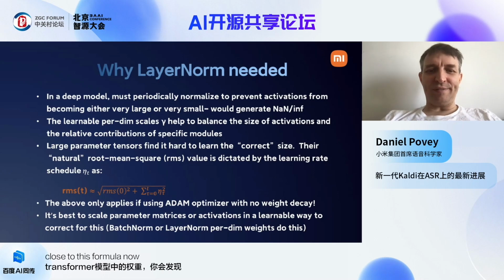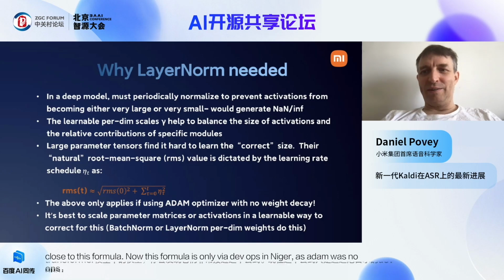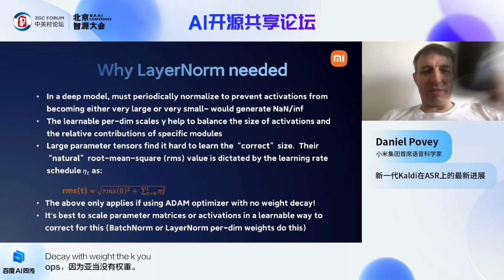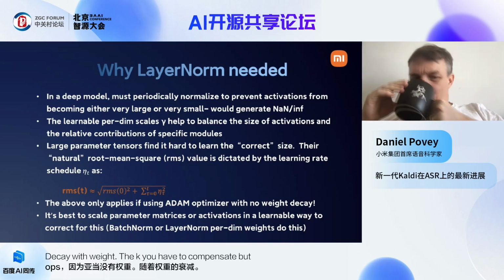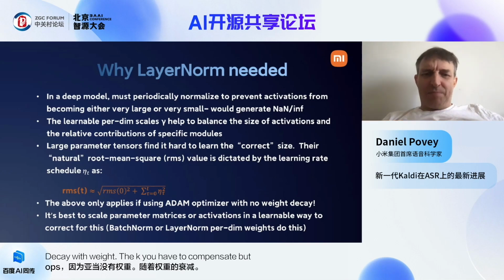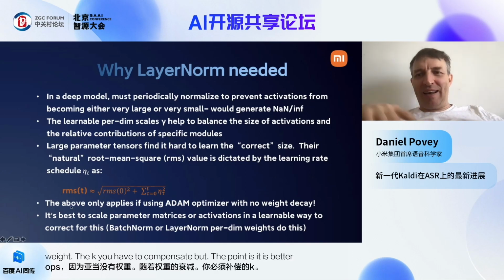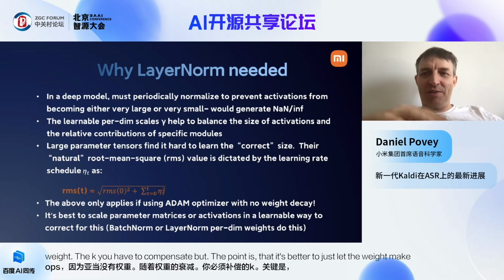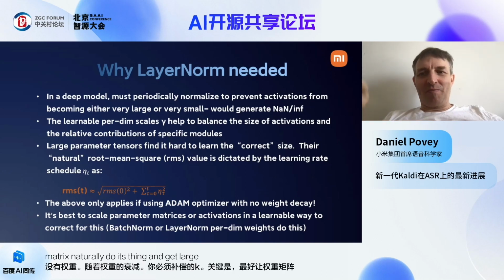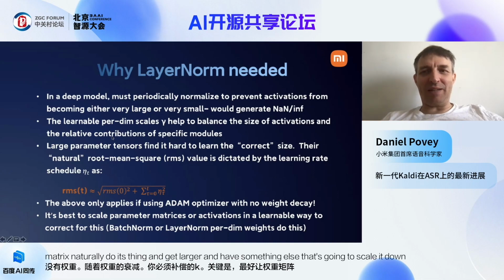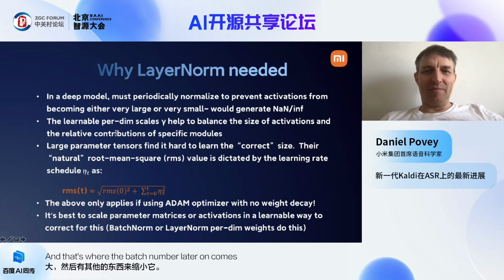Now, this formula is only valid if the optimizer is Adam with no weight decay. With weight decay, you have to compensate. But the point is, it's better to just let the weight matrix naturally do its thing and get larger and larger, and have something else that's going to scale it down. And that's where the BatchNorm or LayerNorm comes in.